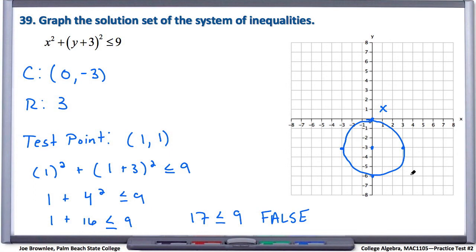So if all the points on the outside make our inequality false, that means the points inside the circle make our inequality true, and so we shade inside the circle. Number 39, there's our graph. We have the circle centered at (0, -3) with a radius of 3, and all of the points that make this inequality true are located inside our circle.